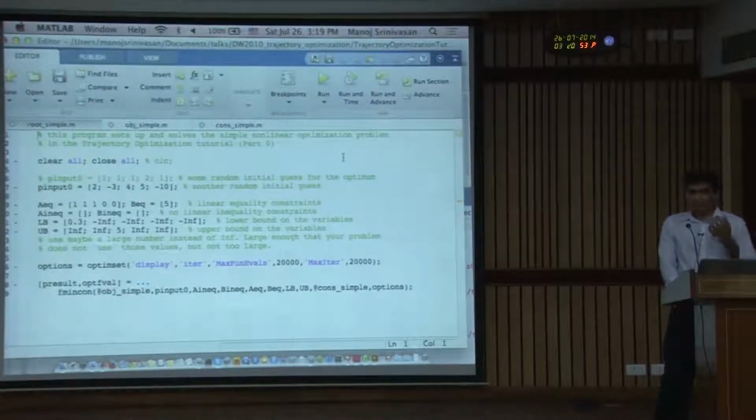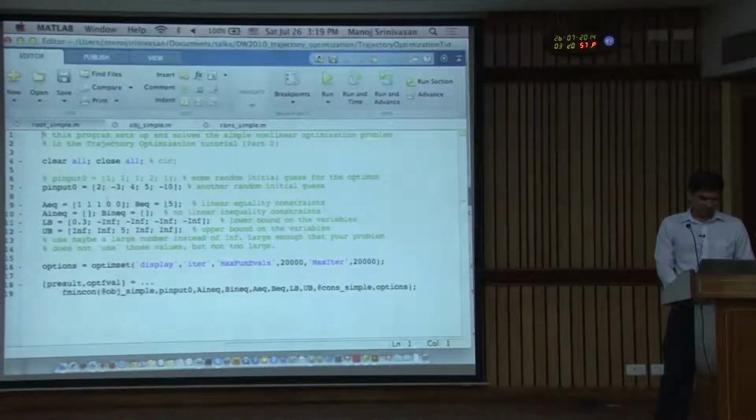Okay, so those are all the nonlinear functions, and then there are these linear equality and inequality constraints. So here's where we call fmin_con, and it has as input the objective function, the constraint function here, and it has all these inputs, the matrices A in EQ, B EQ, A EQ, and so on, and those are constructed here based on what we want to solve, based on our constraints, right?